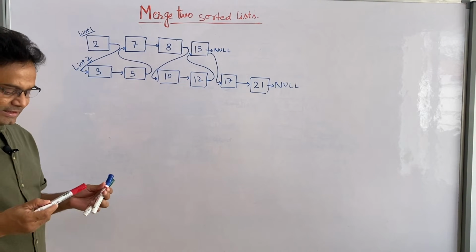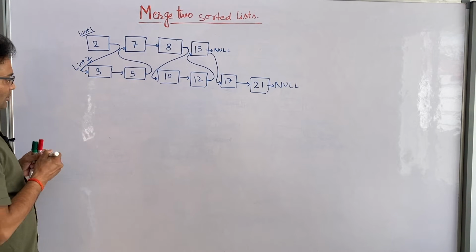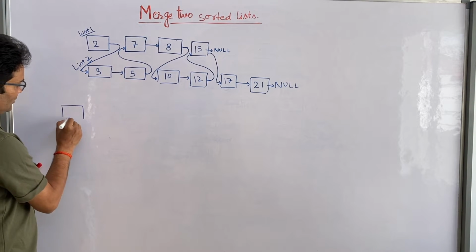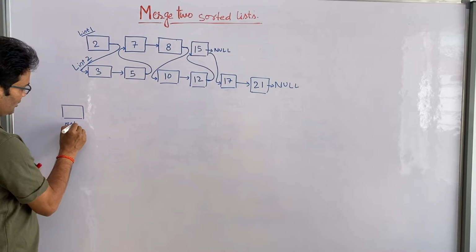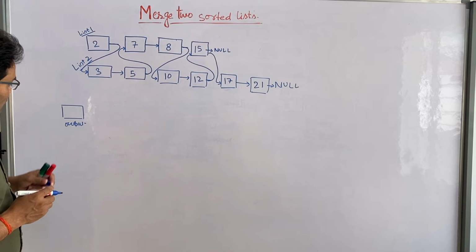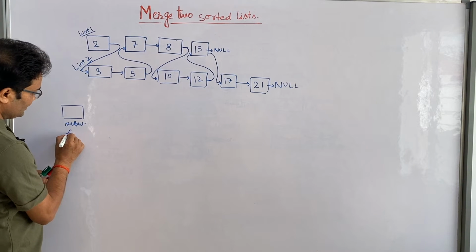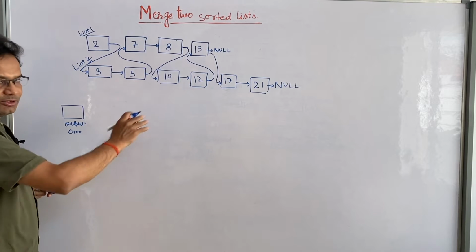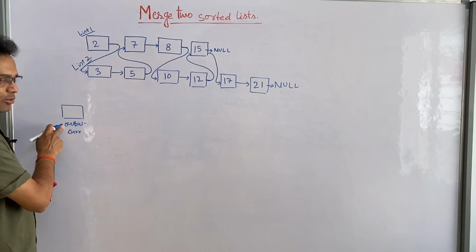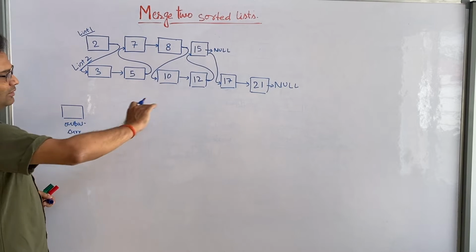Very easy. First we create one node and put something in output, this new node, and then create another one, current. It will be the moving one. I will keep output for keeping the address of the head, and current will move forward.